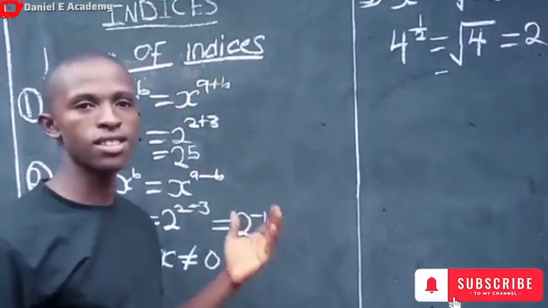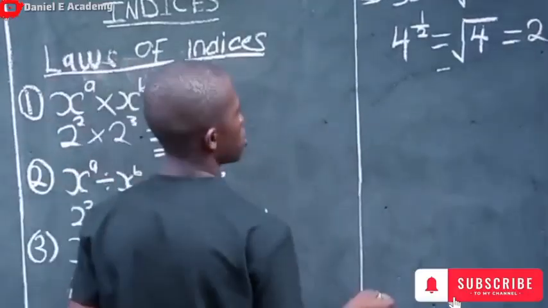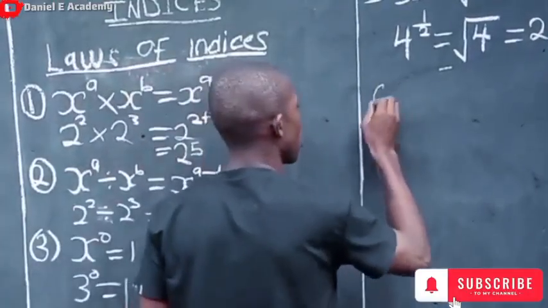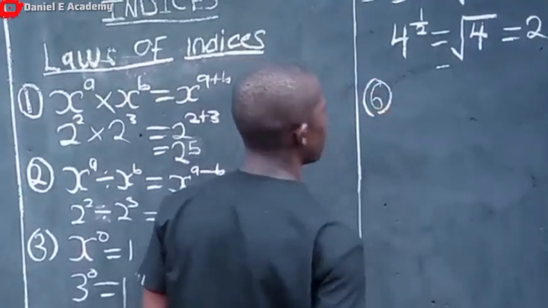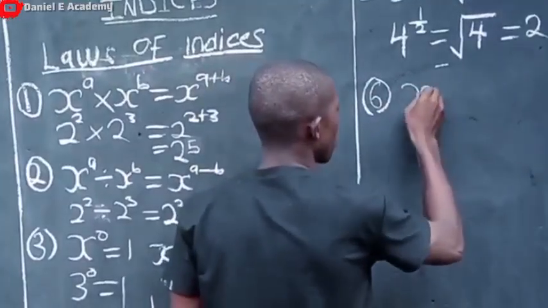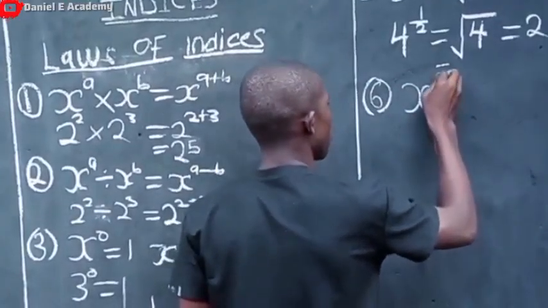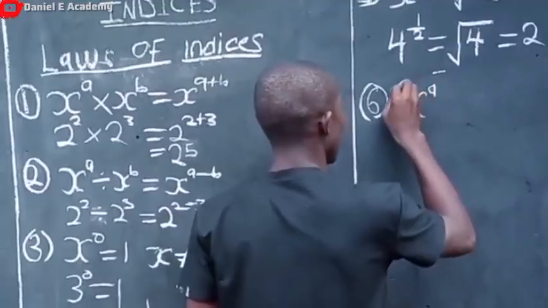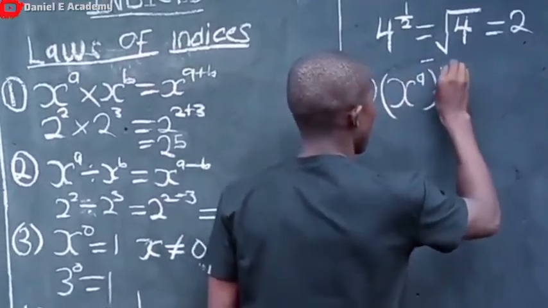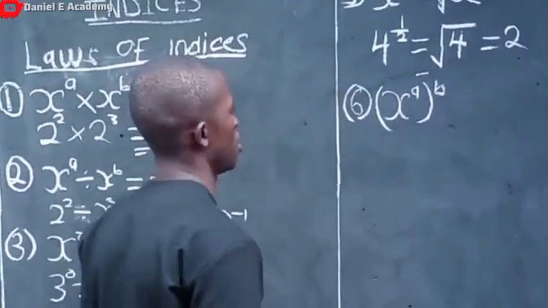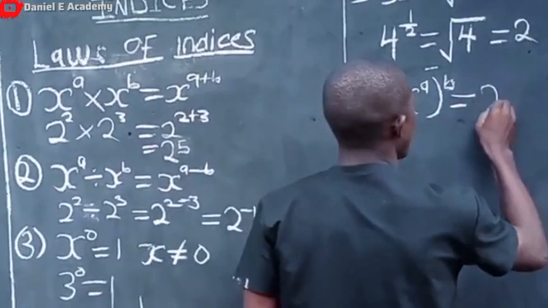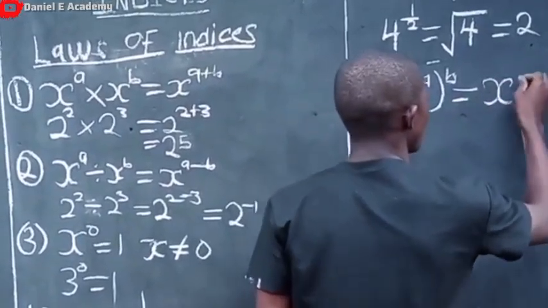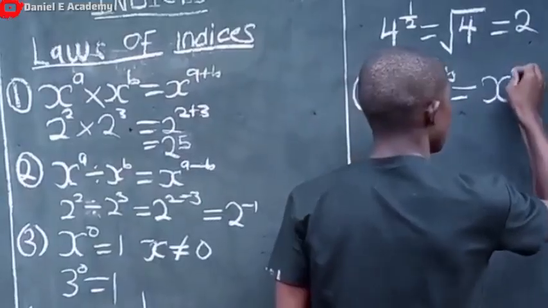Let's go to the sixth law. Law 6: x to the power of a, all to the power of b, equals x to the power of a times b.